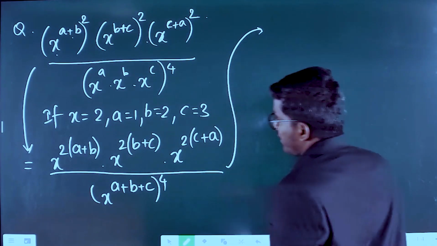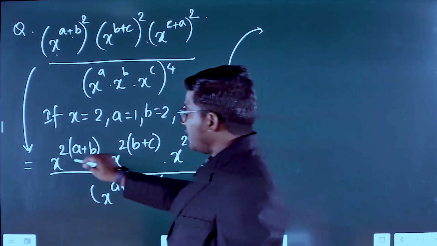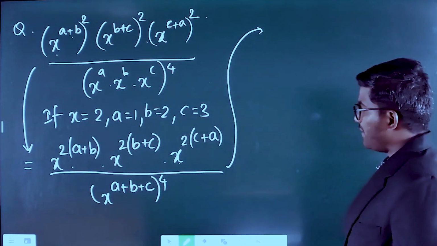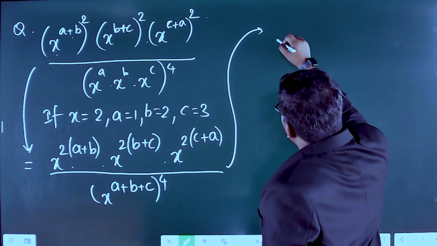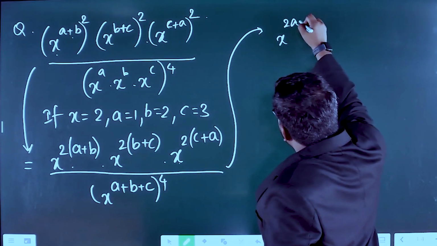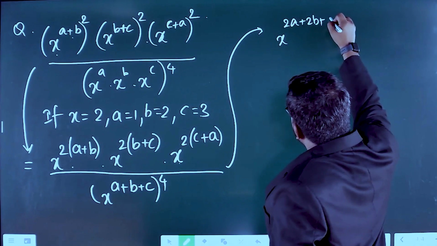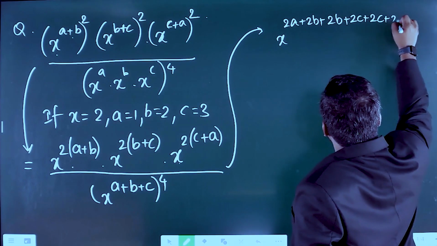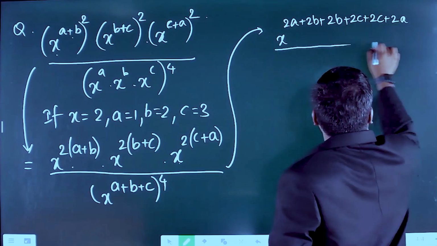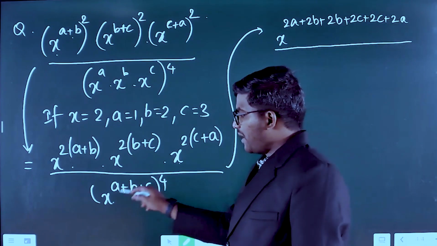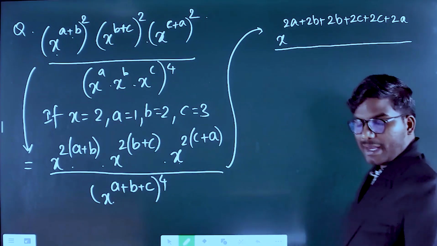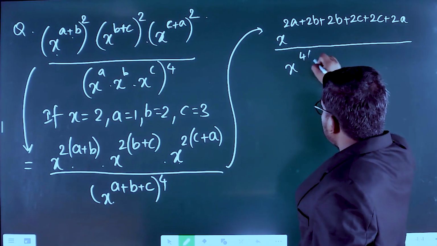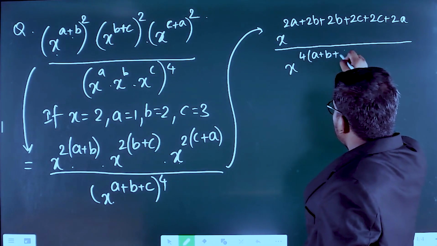Now, x power a into x power b into x power c will again be x power a plus b plus c. So the numerator will be x power 2a plus 2b plus 2b plus 2c plus 2c plus 2a, divided by, since (a power m) whole power n will be a power mn, the denominator will be x power 4 times (a plus b plus c).